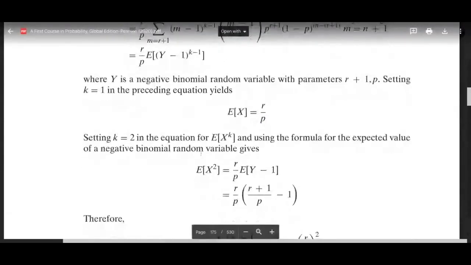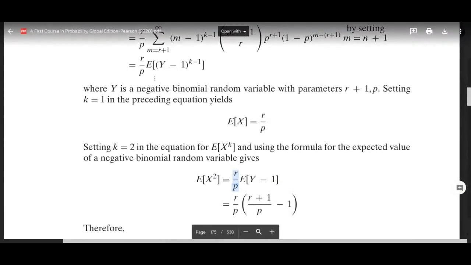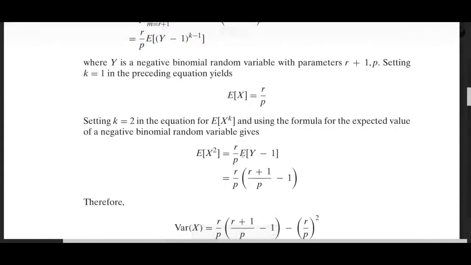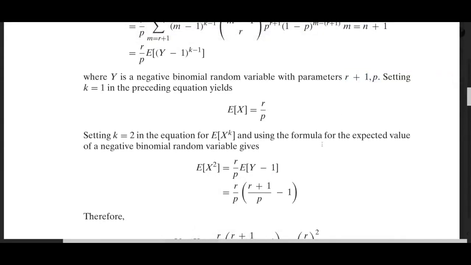Setting k equal to 2, that's the expected value of x squared. So we want to calculate the variance. The expected value of the random variable squared is r over p times the expected value of y minus 1, because it's this, right? Y minus 1, raised to k minus 1 with k equal to 2, is just raised to 1, so it's E of y minus 1. Well, what's y minus 1? Y has parameters r plus 1 and p.